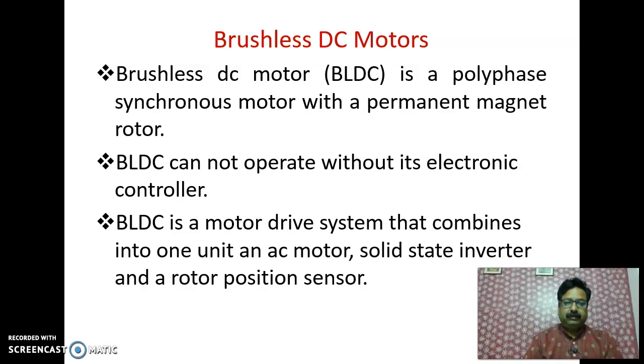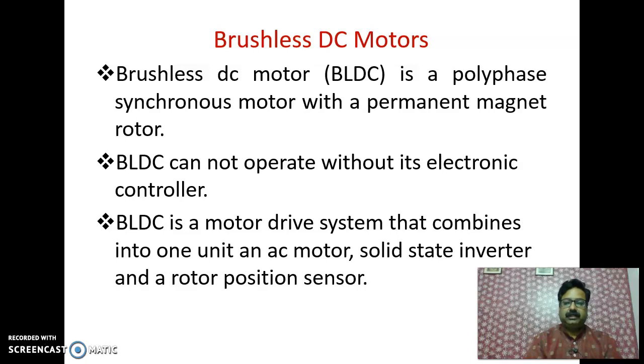So overall BLDC motor system consists of a motor, a solid state inverter and a rotor position sensor. Solid state inverter is a power converter, an electronic converter which modifies the power according to the requirement, and it has switches which are turned on according to the requirement.